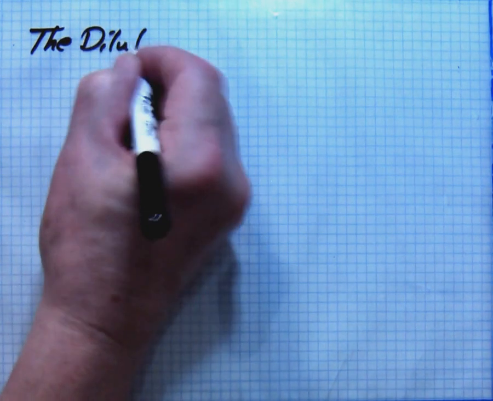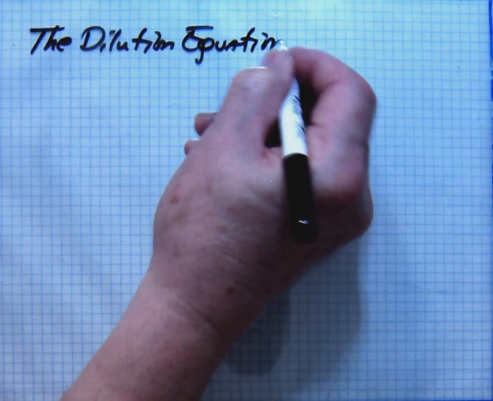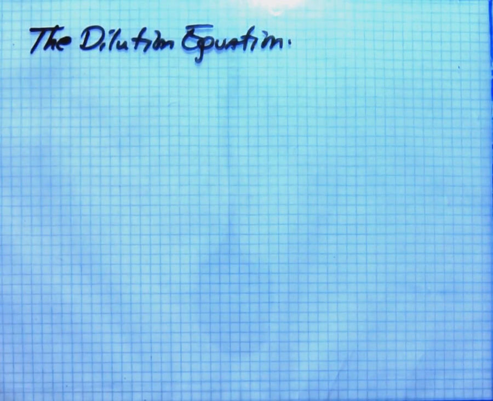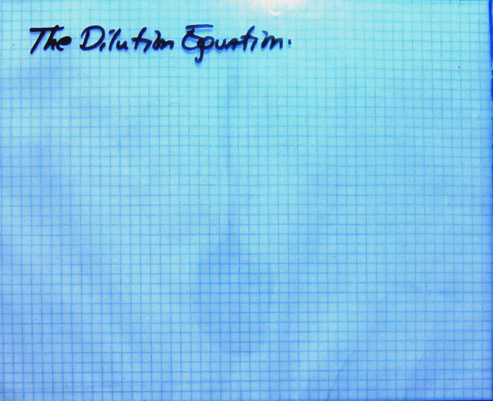Third method of making solutions. And this is the dilution process. The dilution equation. The dilution equation is used for just what it's saying it is: to take a concentrate and dilute it to a lower concentration.